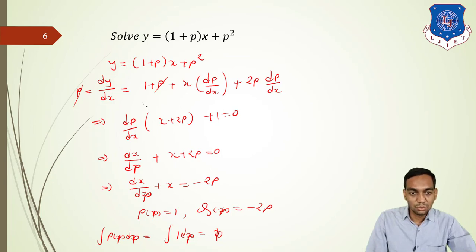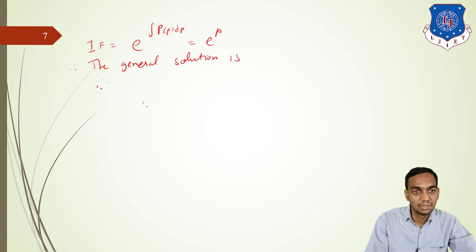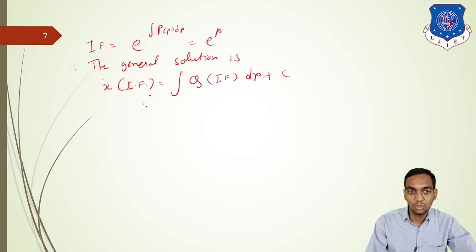Okay, so your IF is e raised to integration of capital P of small p dp, and that will be e raised to p, and therefore the general solution is, instead of y, now you have variable x into IF is equal to integration of Q into IF dp plus c, as now the variable is small p.